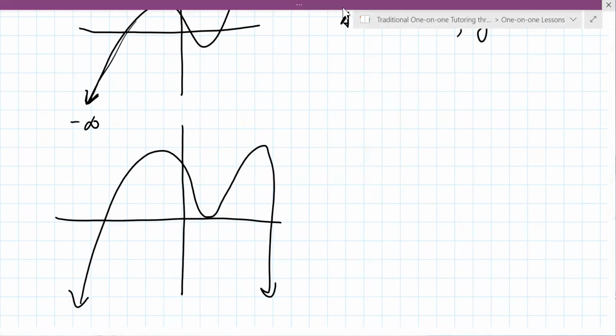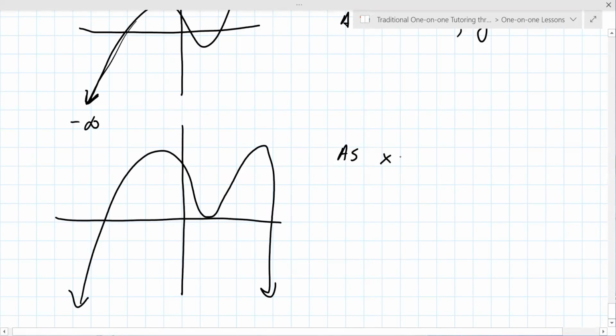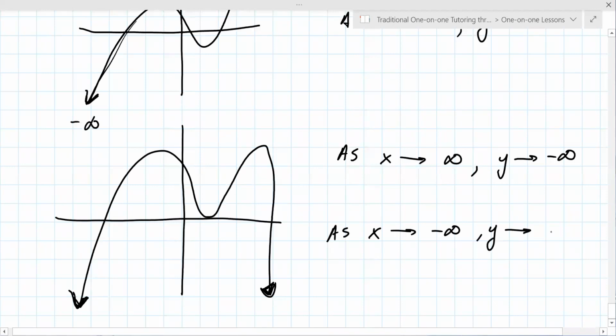Now let's look at another one. As x goes to infinity, that's over here on the right. How far down is that going? Negative infinity. Y goes to negative infinity, yeah. As x goes to negative infinity, as you go the other way, how far down is this going? Negative infinity.